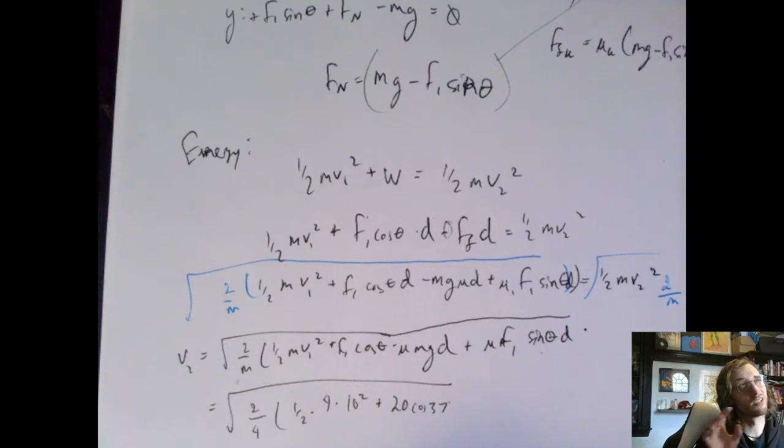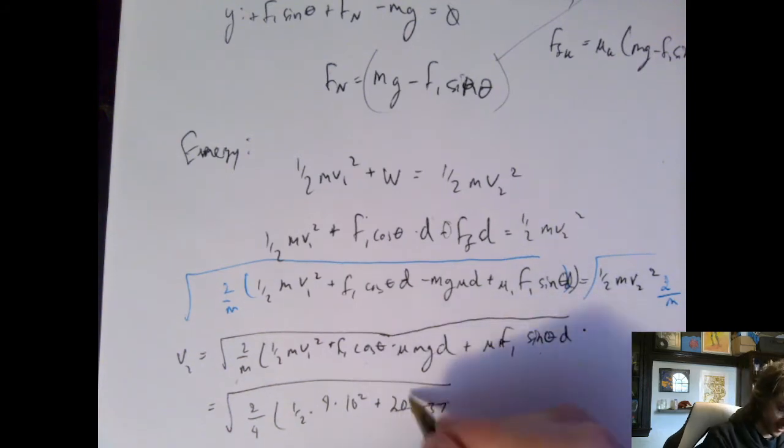It's a 3, 4, 5 triangle. So it's going to be 12, 16, 20. So this is 16.